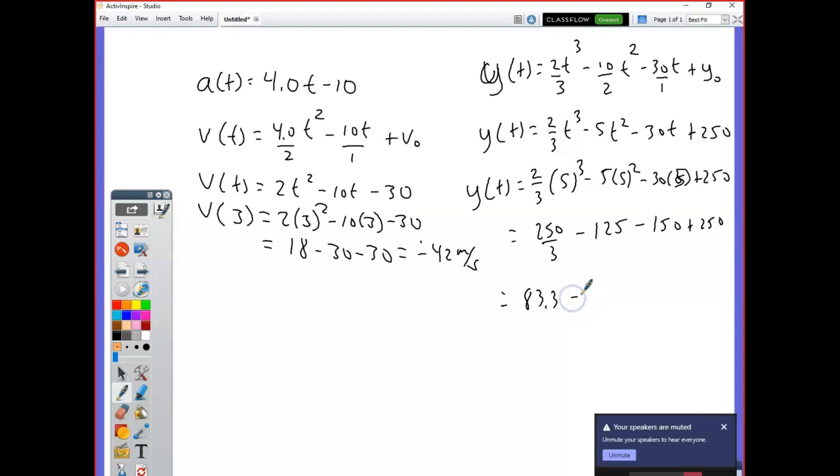And then minus, this is negative 275. So minus 25. So something like 58.3.